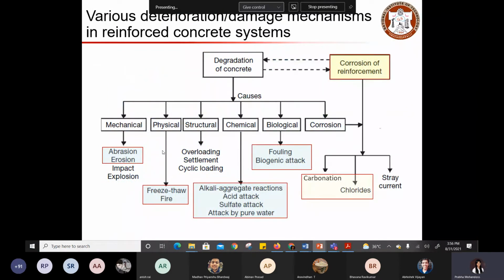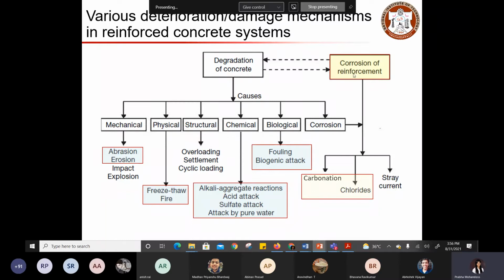Right. So here you can see a flow chart which in detail comprises all the types of degradation associated with your concrete. When we have reinforced concrete systems, we have two things. One is concrete, so the deterioration mechanisms associated with concrete. Another one is the corrosion of reinforcement. This we have seen in detail.